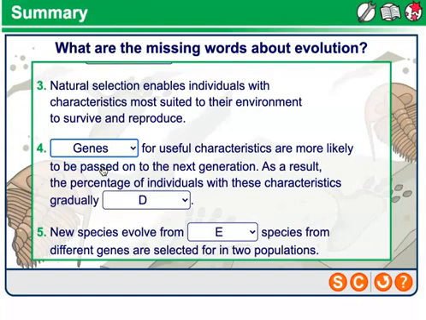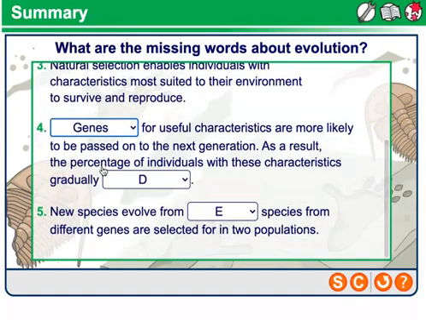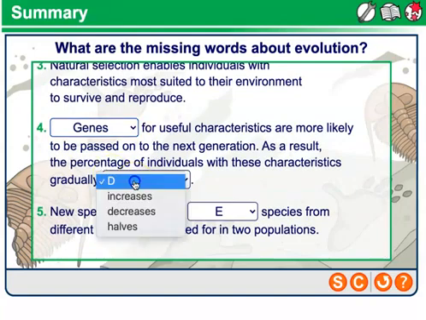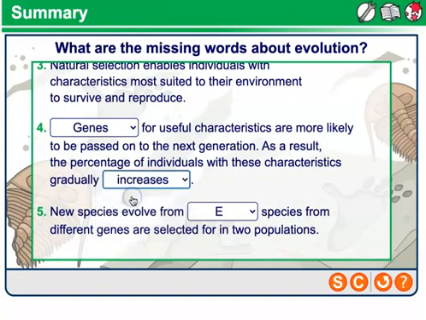Definitely genes for useful characteristics. As a result, the percentage of individuals with these characteristics gradually increases. New species evolve from existing species when different genes are selected for in two populations.